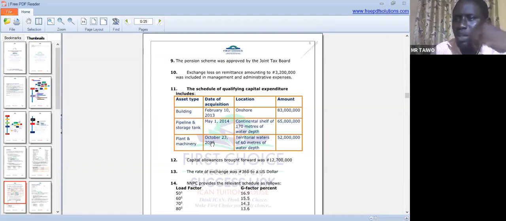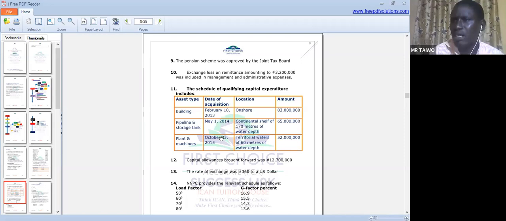And this particular question is 2015. Which means that all these assets will attract annual allowance because they have not stayed more than 5 years. If they had stayed more than 5 years before the year we are talking about, then you will not compute annual allowance on it.